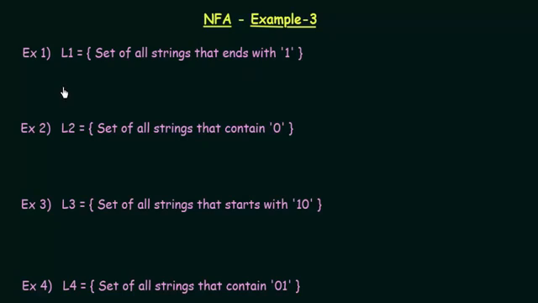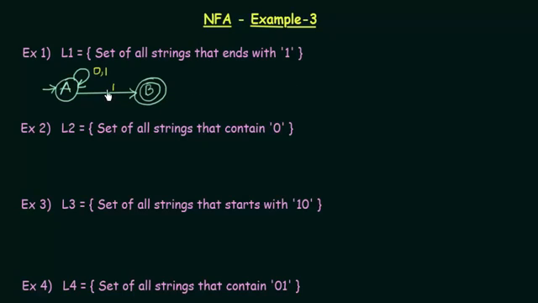Let me start with a starting state which I will call state A. A is my starting state, and A on getting input either 0 or 1, it stays in A itself, but if the final input that I get is a 1, then A goes to the final state, which is state B. Alright, so when it ends with 1, it is accepted.